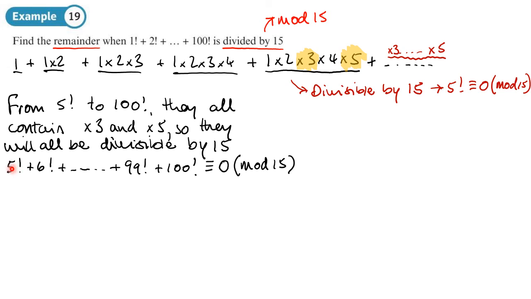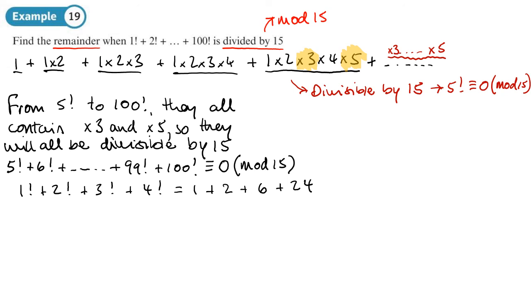So you've got a multiple of 15 plus another multiple of 15 plus another multiple of 15. The sum of all of these multiples of 15 will also be a multiple of 15, which means there'll be no remainder. So all that's left is working out 1 factorial plus 2 factorial plus 3 factorial plus 4 factorial. So that's going to be 1 plus 2 plus 6 plus 24.